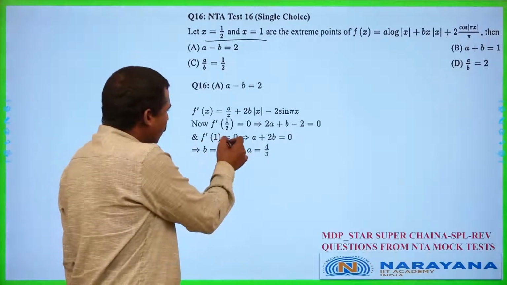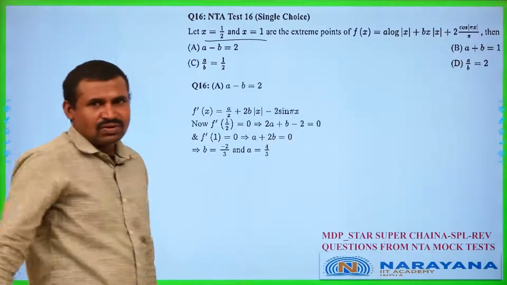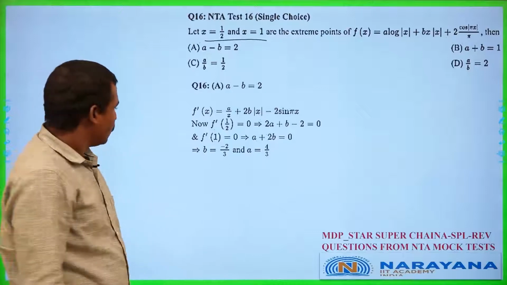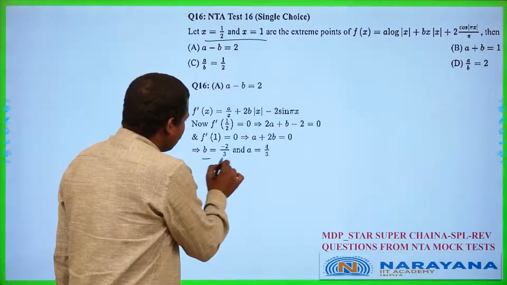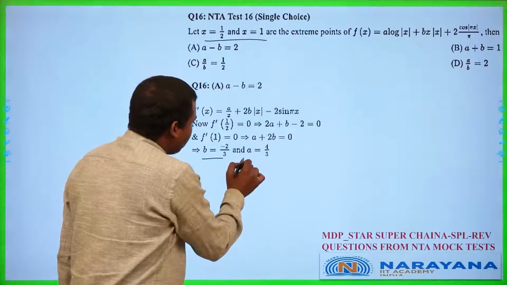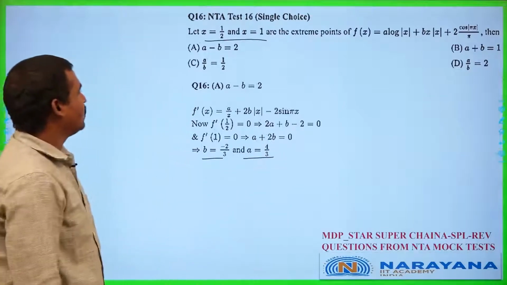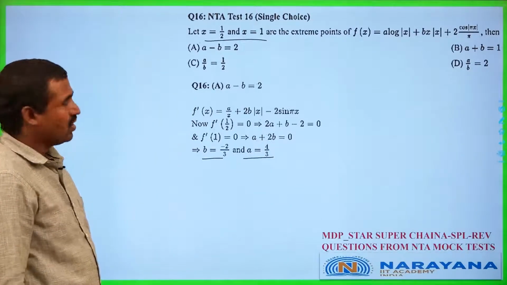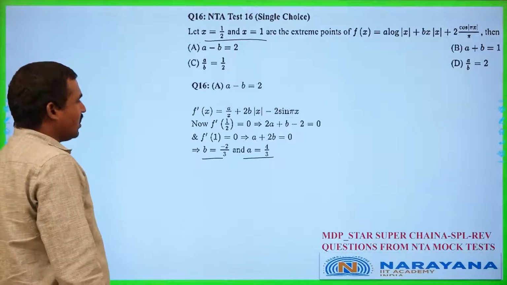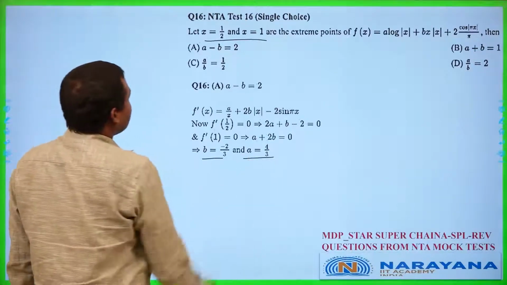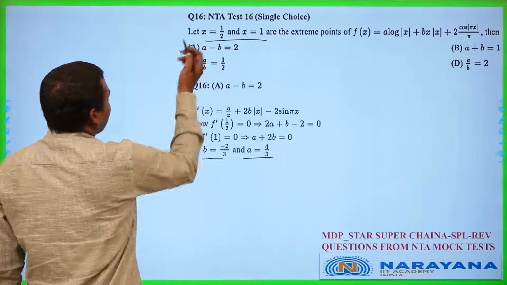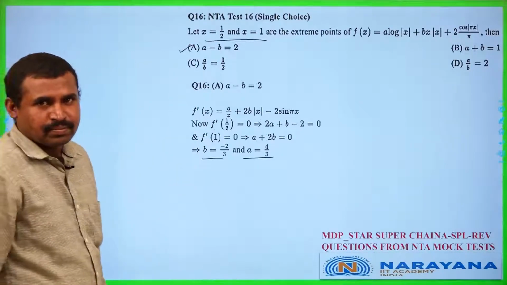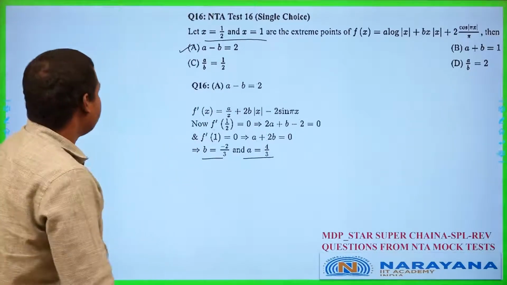From f dash 1 equal to 0 we get a plus 2b equal to 0. If we solve these two equations, we will get b equal to minus 2 by 3 and a equal to 4 by 3. So, a minus b is equal to 2. So, option A is correct.